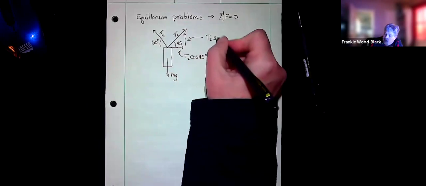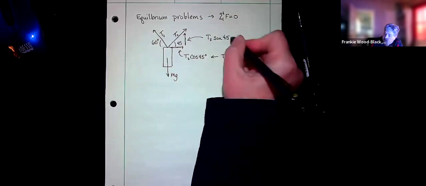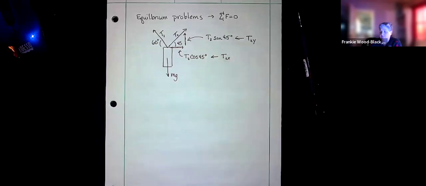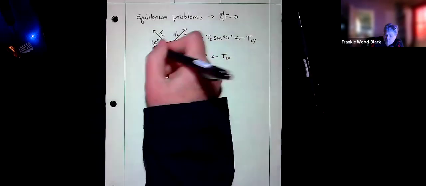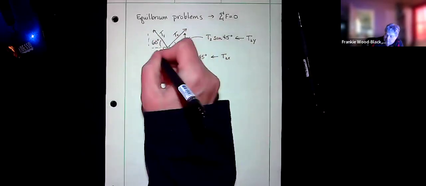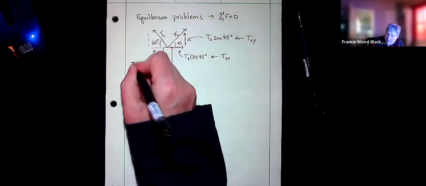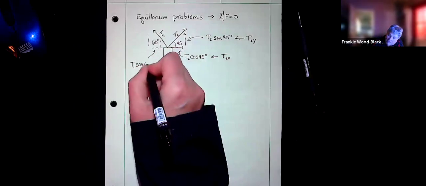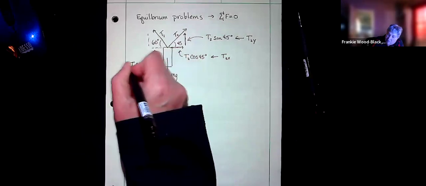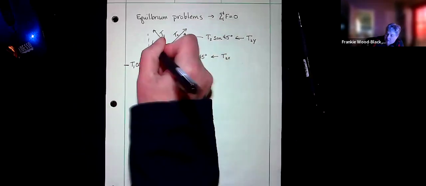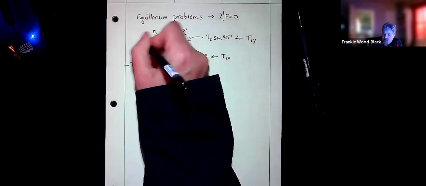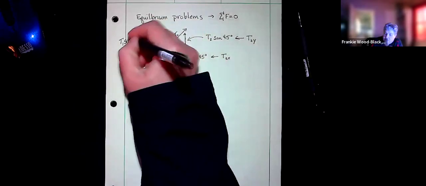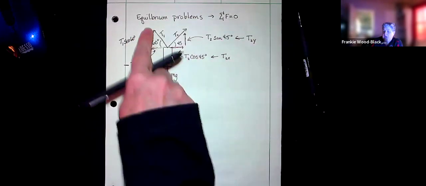T2 sine of 45 degrees is the tension of T2 in the y direction. I can do the same thing over here. This is T1 cosine 60 degrees, but we're going to have to go negative because this is going in that direction. And this side is T1 sine of 60 degrees in my y direction.